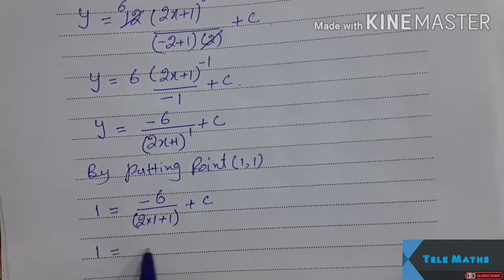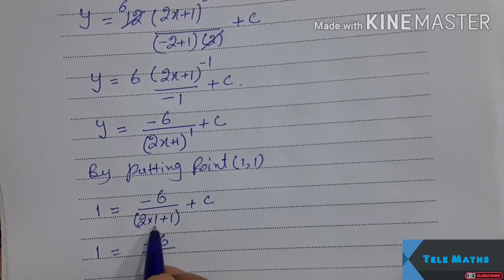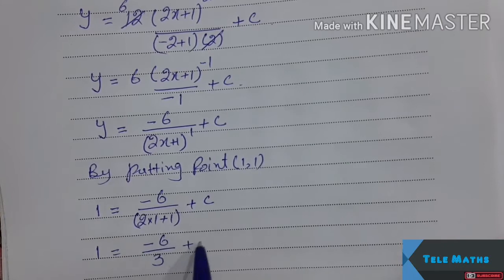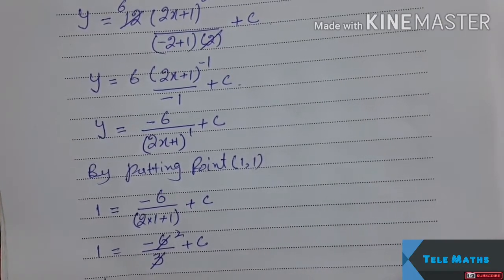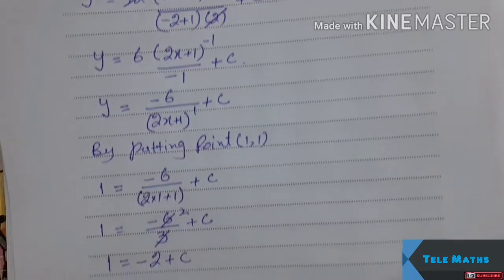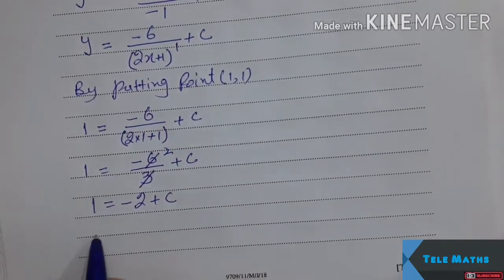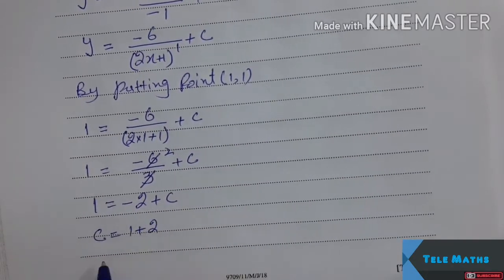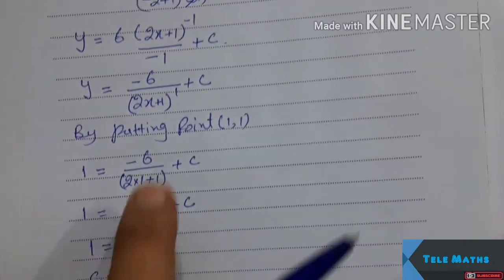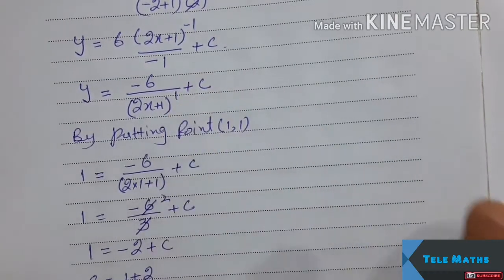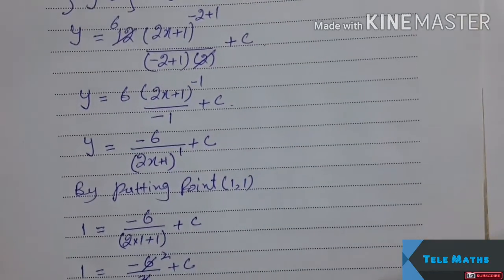So 1 is equal to minus 6 over (2 plus 1), which is 3, plus c. This will cancel with this. 1 is equal to minus 2 plus c, and c is equal to 1 plus 2, so c is equal to 3. So I'll put the value of c here so that I can get the final equation of the curve.